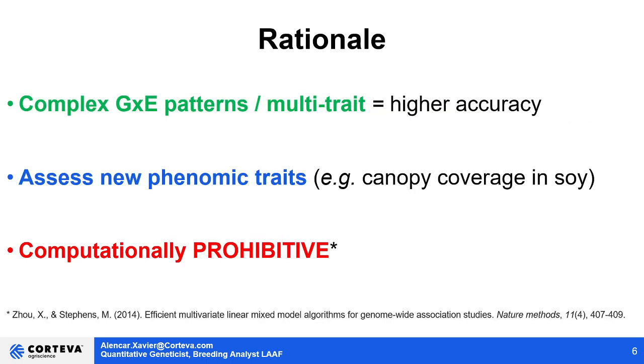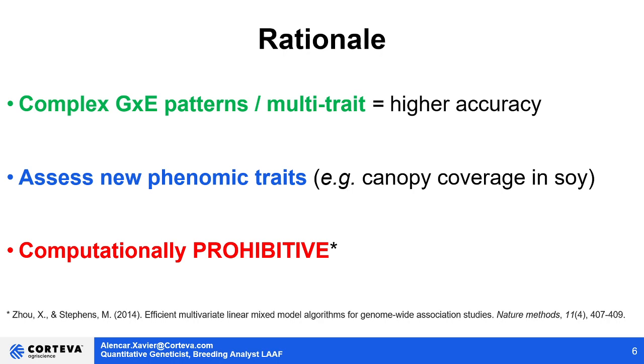So the rationale behind working with multiple correlated traits can be depicted here in a couple of aspects. Well, we know that we can capture complex genotype by environment patterns if we decide to model the multiple environments as different traits, where they are considered correlated traits but not necessarily the same.